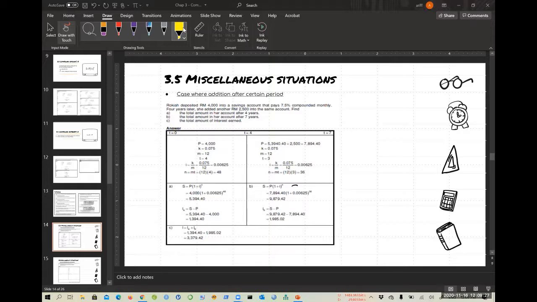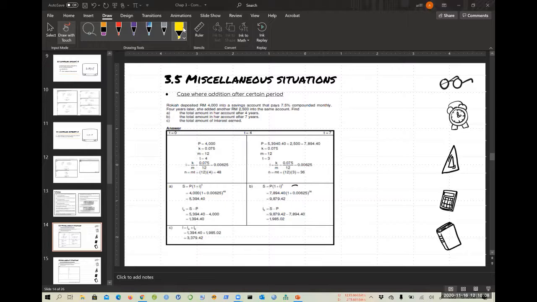Whenever you see a situation where you have additional values included or values subtracted from the account, for compound interest, if there is any intervention or any change in the middle of the term, what you need to do is simply stop at the intervention location and calculate whatever value you need at that particular point.